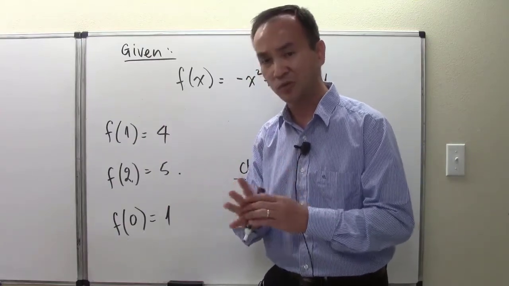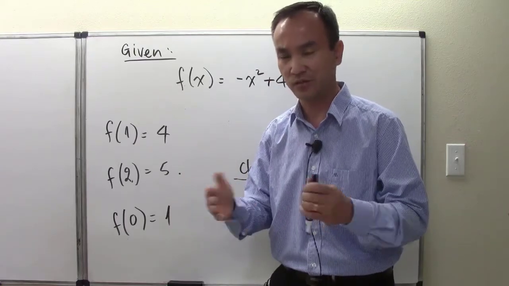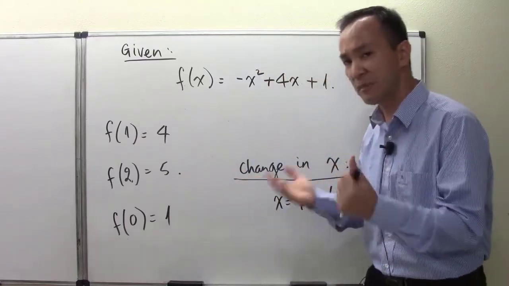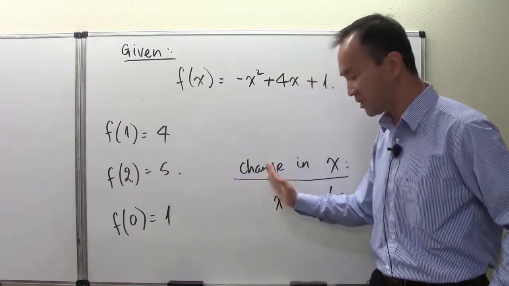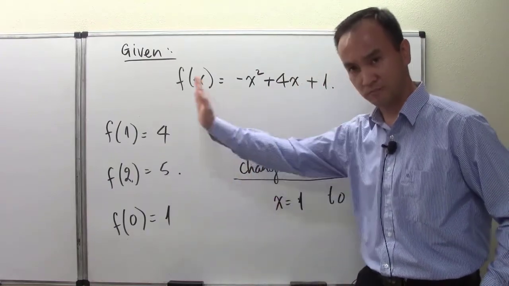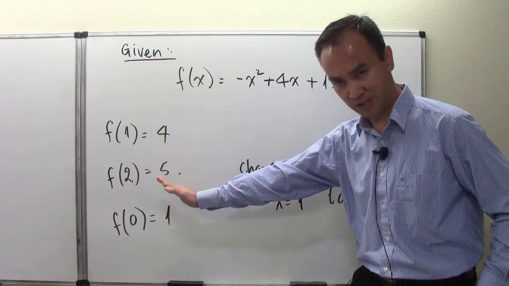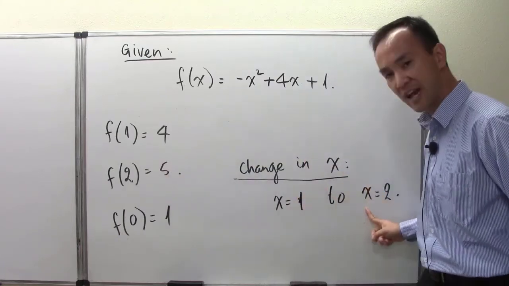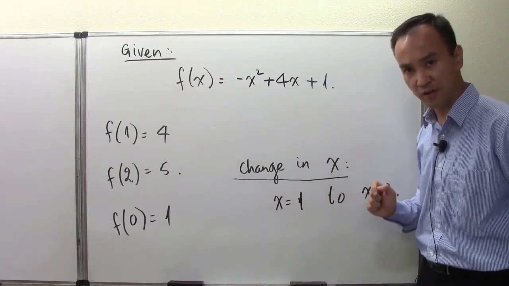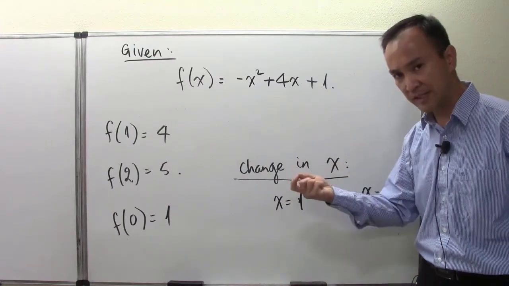But now to make a systematic understanding, we're always going to put the change in x in a certain order from smaller to larger. Start at a smaller value and end at a larger value, in increasing order.